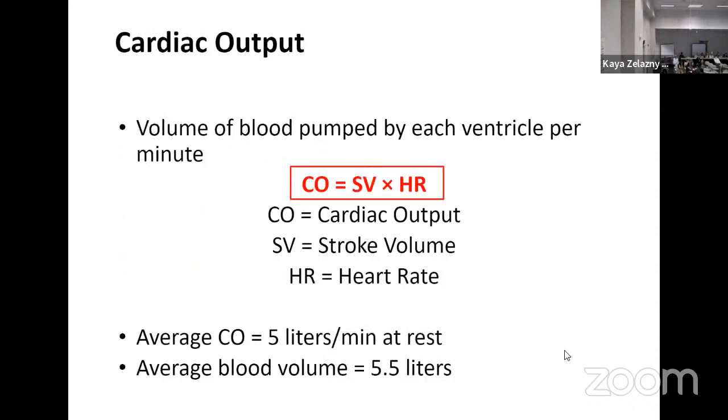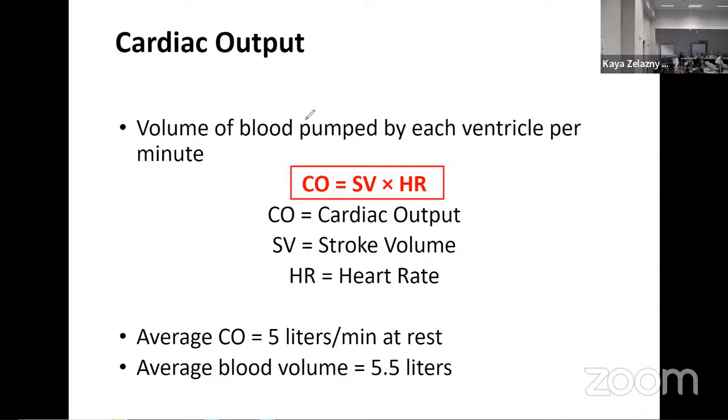So when we are thinking about cardiac output, this is referring to the amount of blood that we're pumping out to the body from the ventricles per minute. So this isn't per heartbeat, this is per minute. So we've got a unit of time here.